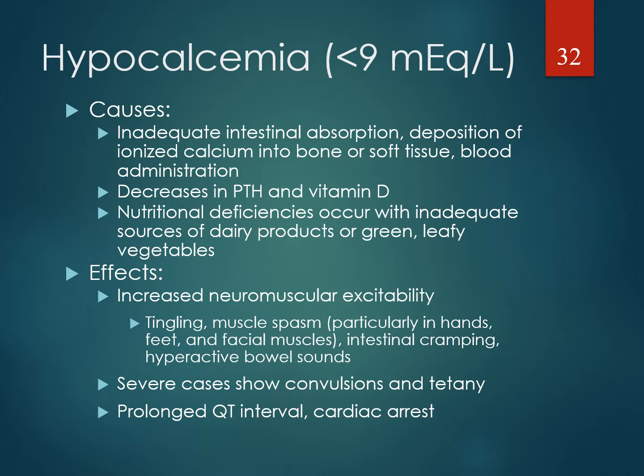Tingling and muscle spasms, particularly in the hands, feet, and facial muscles. Intense intestinal cramping, hyperactive bowel sounds. Severe cases show convulsions and tetany. Prolonged QT interval and cardiac arrest have all been related to this.